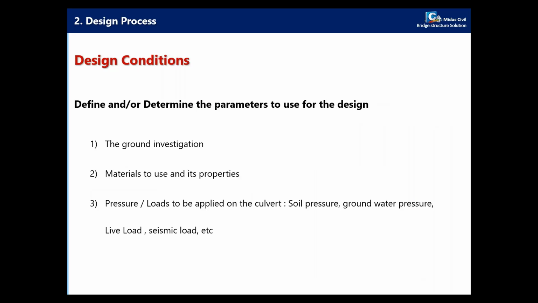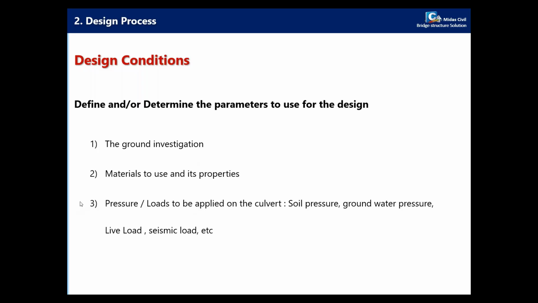About the design condition, we have to determine the parameters that we are going to use in the design. First of all, we need to do the ground investigation, and then we have to select the materials we are going to use and specify the material properties.